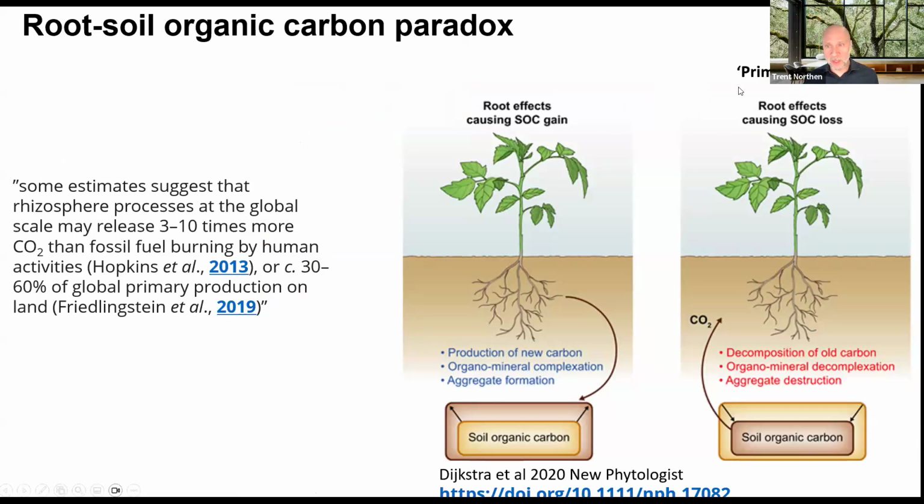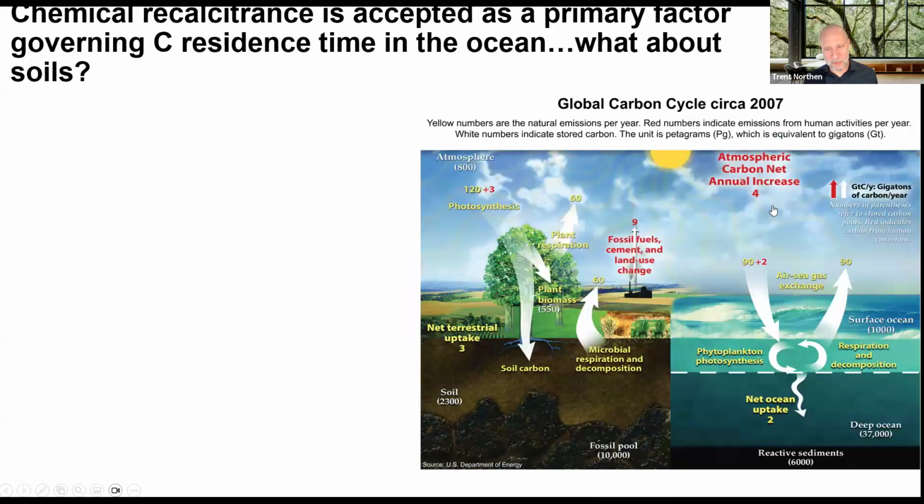There's what's known as the priming effect, so that the plants release labile carbon, like glucose, you know, I showed you sucrose, that can actually give microbes energy to burn off some of the more resistant or trapped carbon. And so here's a quote. Some estimates suggest that the rhizosphere processes at the global scale may release 3 to 10 times more carbon than fossil fuel burning. So this is a very important effect to study too.